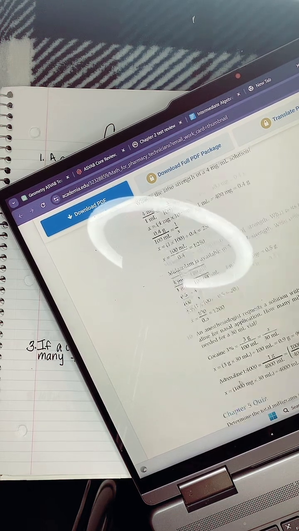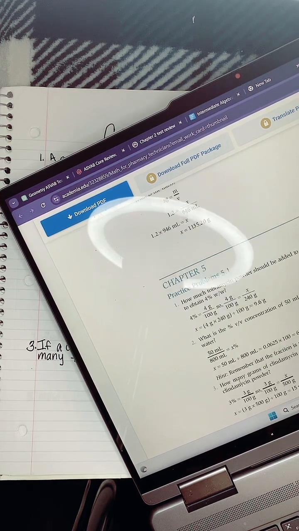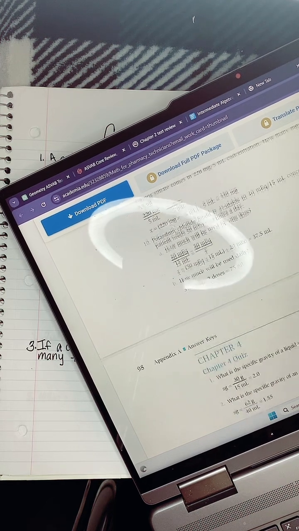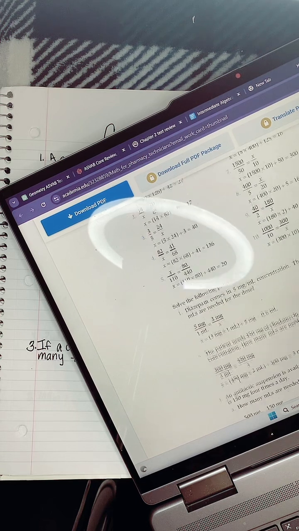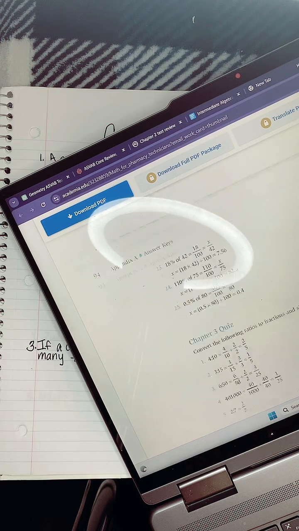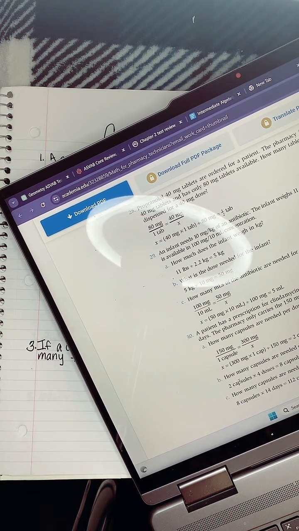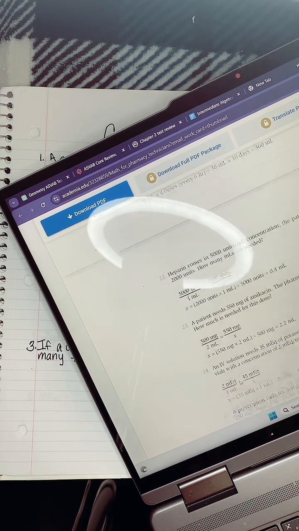Oh, you guys, I've been looking. I cannot find it. But that is why I wrote the answers. Amoxicillin. You guys, I'm not going to be able to find it.